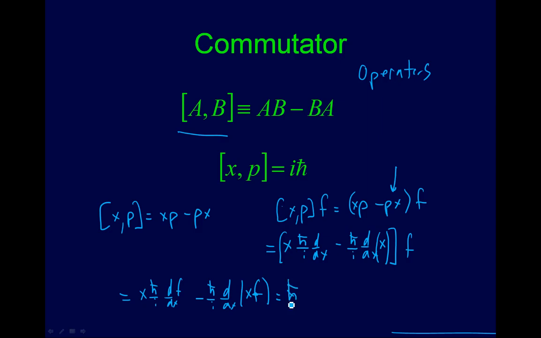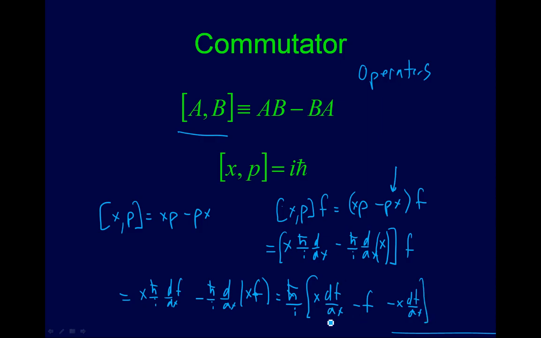And so I think one thing I'll do is pull h bar over i out of everything. Then here I have x times df dx. Now with this term, after I do the 2 derivatives, I'll have negative f. That's from taking the derivative of x. All right, and then d by dx of the f, I'll have negative x times df dx.